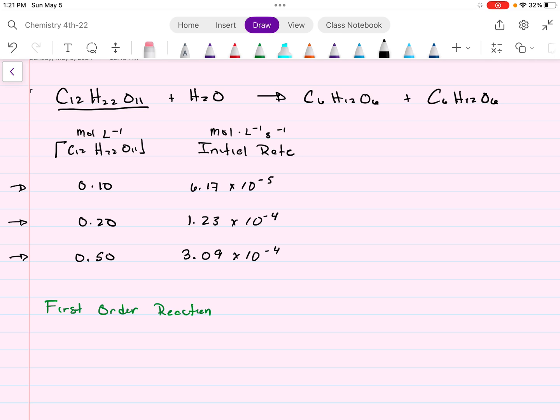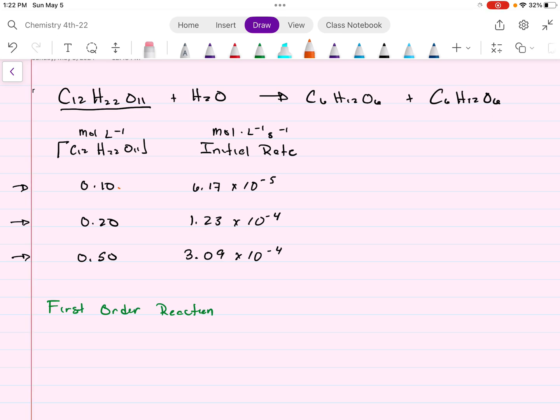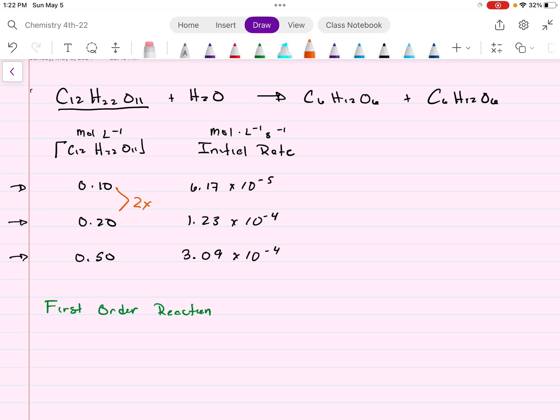Now, what we're seeing here is, in the first experiment, we have an initial concentration of 0.10. In the second experiment, we have an initial concentration of 0.20. As a result, we see a change in the rate of reaction. So we're going to compare these two, and we can clearly see that there is a doubling in the initial concentration between experiment 1 and experiment 2.